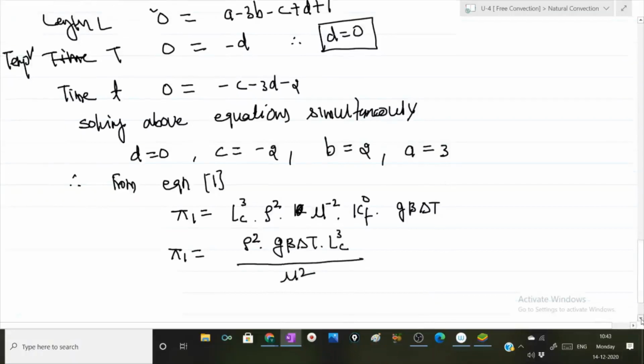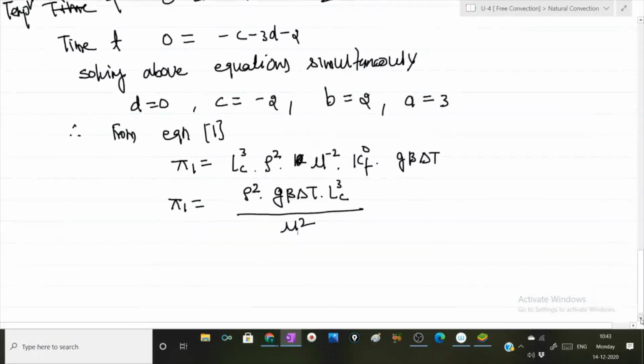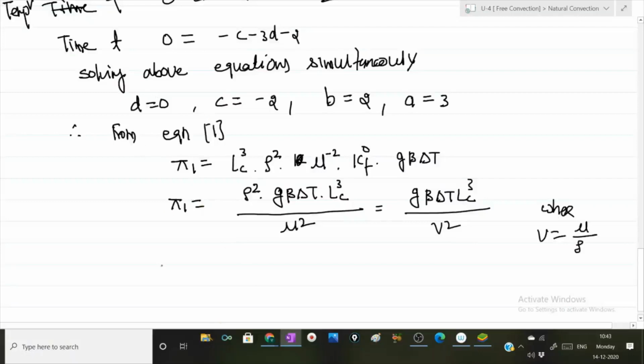This can also be represented as, if I divide mu by rho, it will become g beta delta T LC cube over nu square, where nu is mu by rho. Now if you remember, I got the expression of the non-dimensional pi term pi 1 as g beta delta T LC cube over nu square, and this is nothing but the Grashof number.